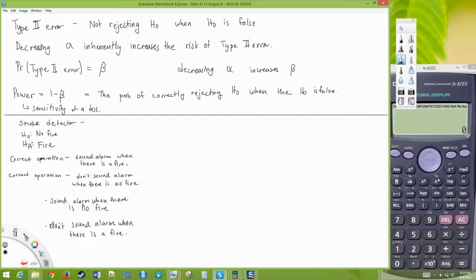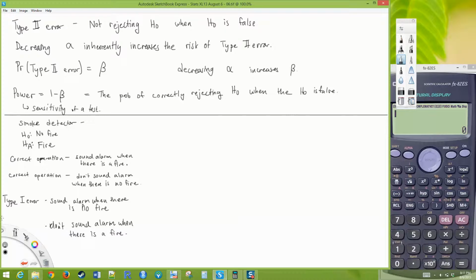Yeah, sounding the alarm when there is no fire, this is a type 1 error, okay? Here we have rejected the null. The smoke detector has concluded there is a fire, but in fact, there was no fire. In fact, the null hypothesis was true.